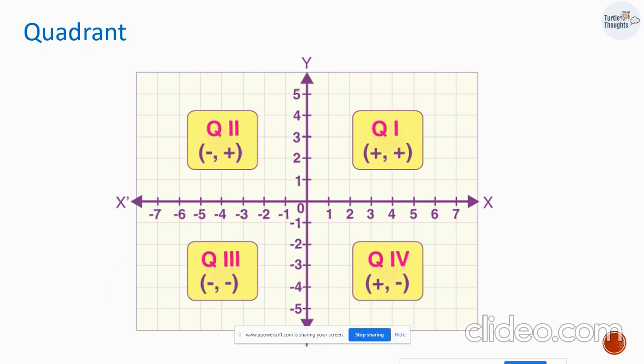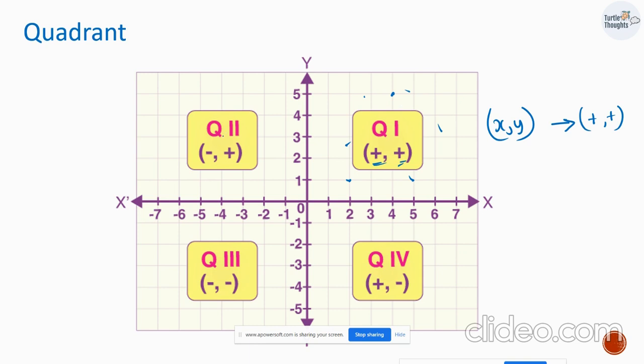Now these quadrants have a property. Any point in the first quadrant, you can take it over here, anywhere. What will be the value of x and y? Any point from the first quadrant, both the values of x and y will be positive.